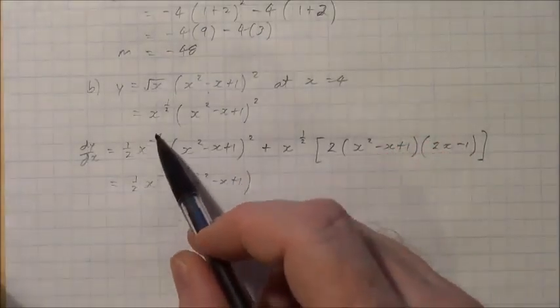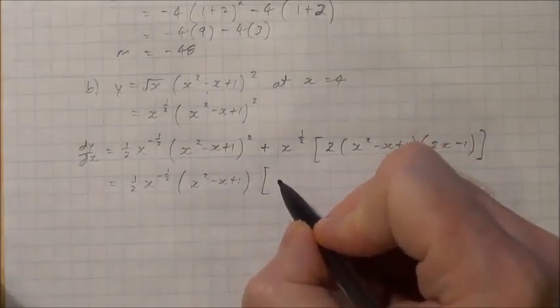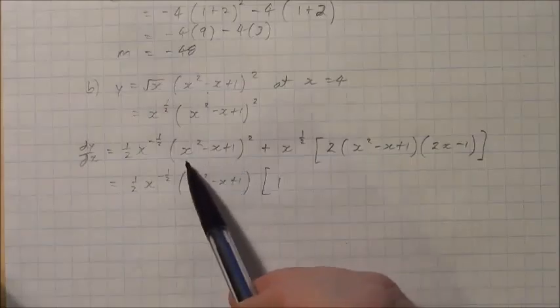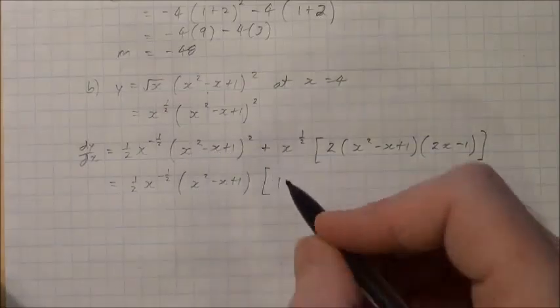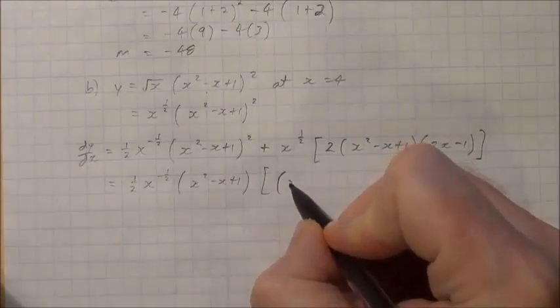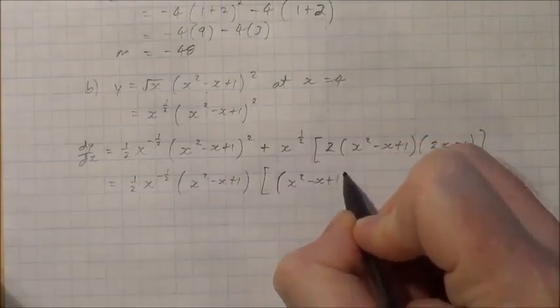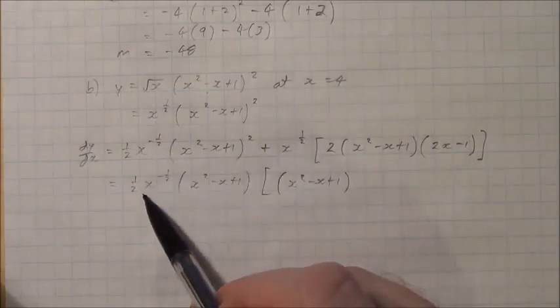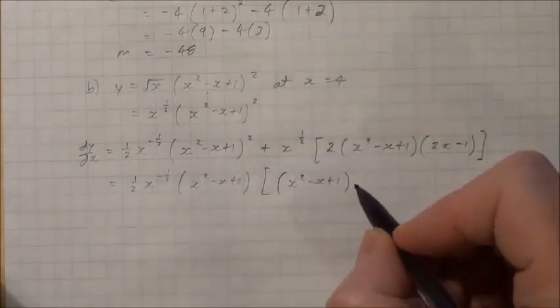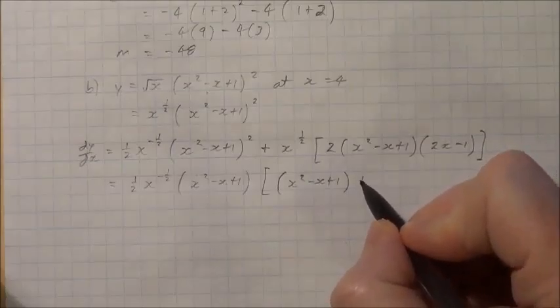And so that will leave me, this becomes just 1. Don't really have to write that. We've got x squared minus x plus 1 all squared divided by this, which just leaves me with x squared minus x plus 1. And when I divide x to the 1/2 by 1/2 x to the negative 1/2, I'm left with 2x.